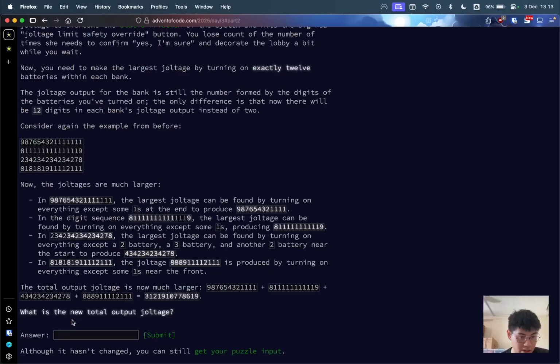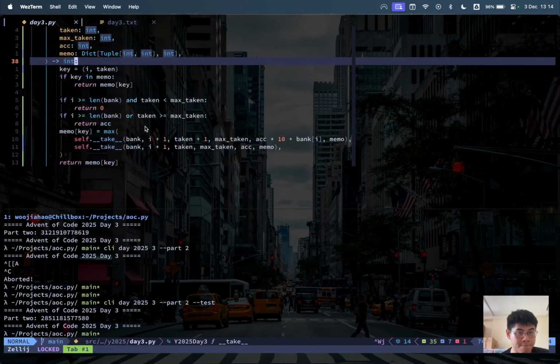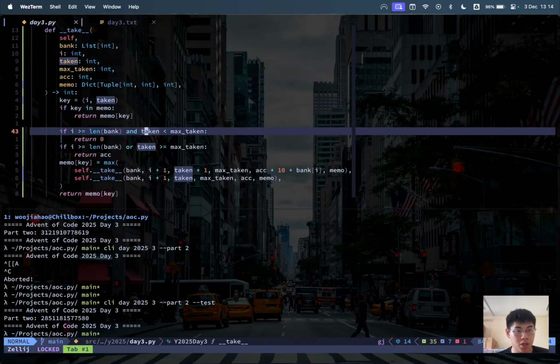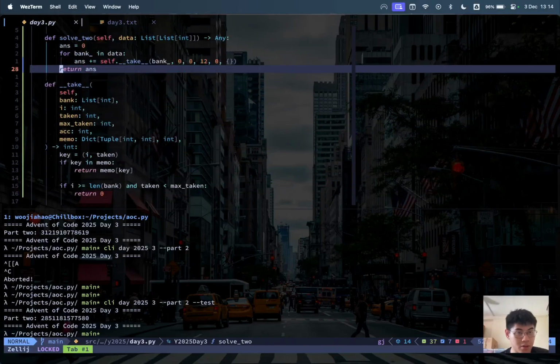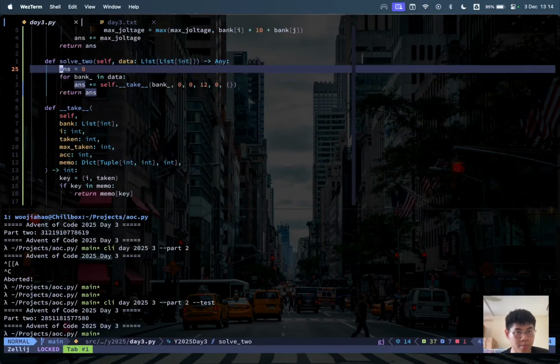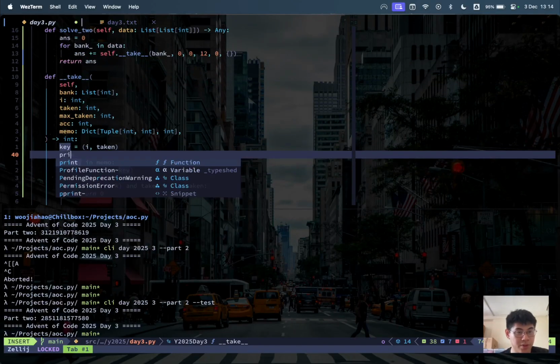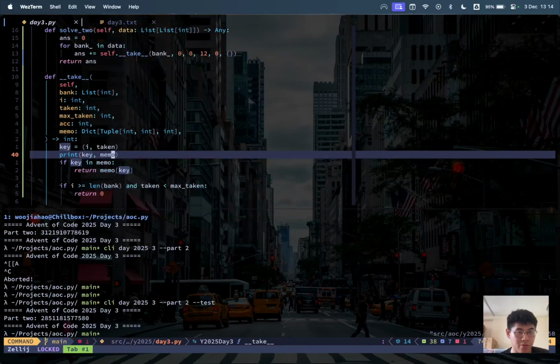No, it didn't. It is undercounting, it seems, which isn't necessarily what we want. So let me just think about it. I guess it's worth printing out the key first and then the memo, and the accumulator.